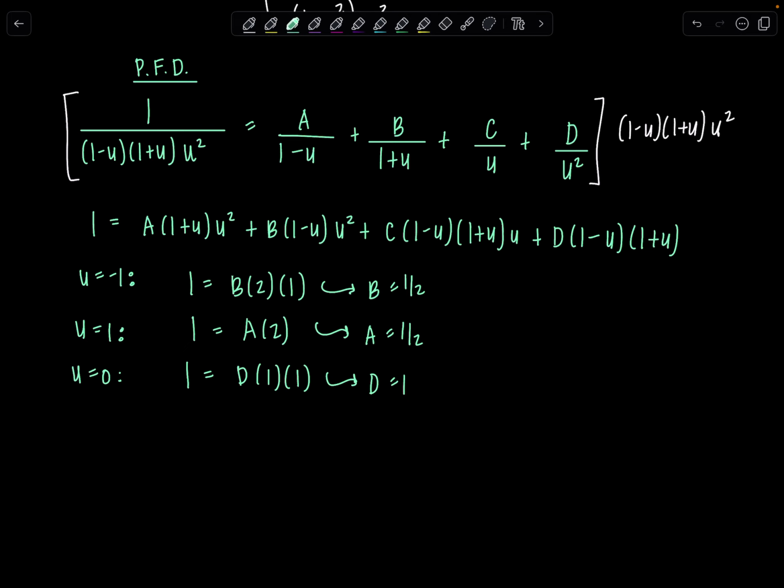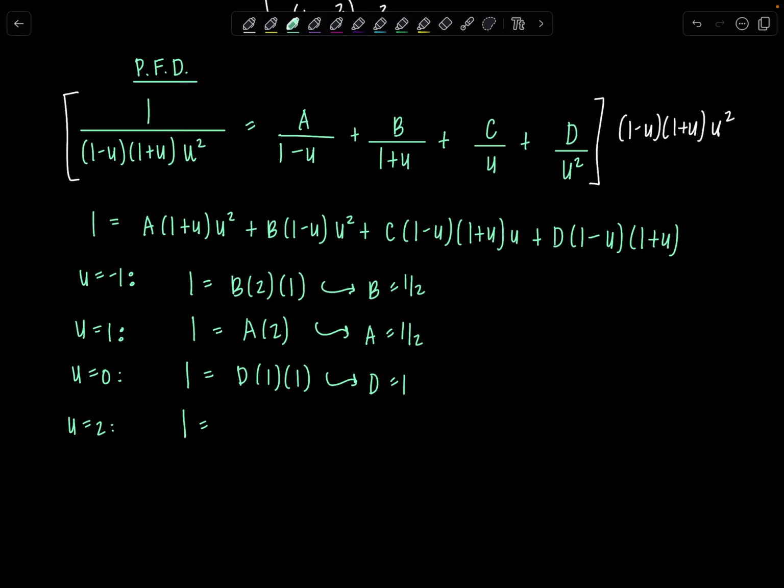You don't. You just pick something nice to plug in for u. Since we already have B, A, and D, you just pick any old constant your heart desires. And then I'll also put 1/2 here, 1/2 here, and we'll find C. I went with 2. You can do whatever your heart desires, okay? Just don't pick something that'll make it too spicy.